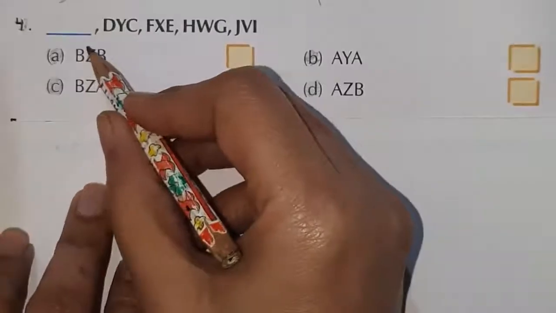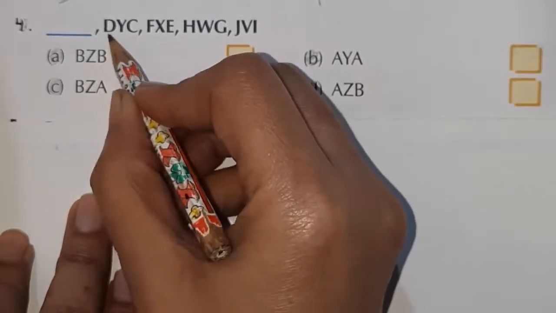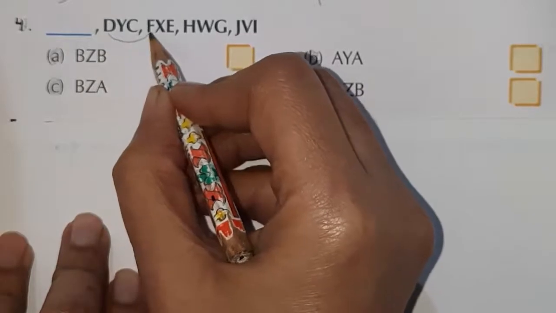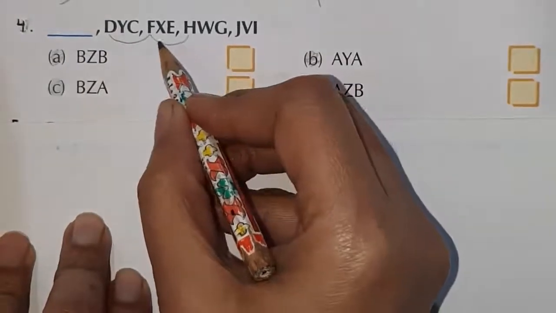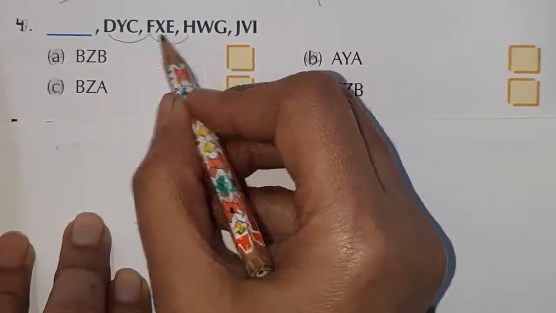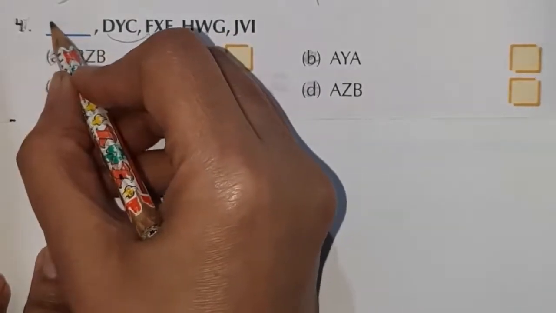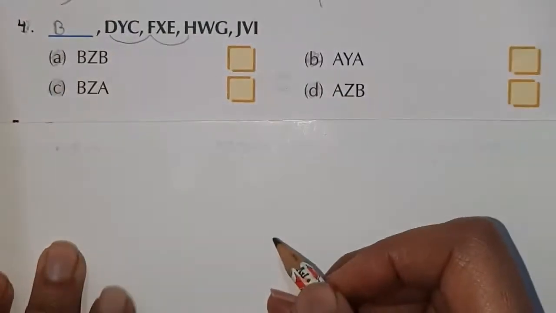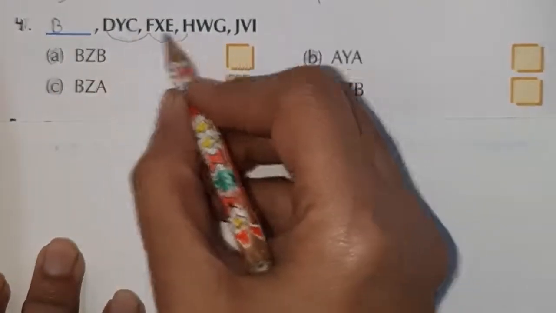Question number 4. Look here, beta. D. D to F. E is left. F. I is left. No, G is left. H is there. So what will be left here? C will be left and B will be taken. B, C, D. Okay. Now check the series from the second alphabet.